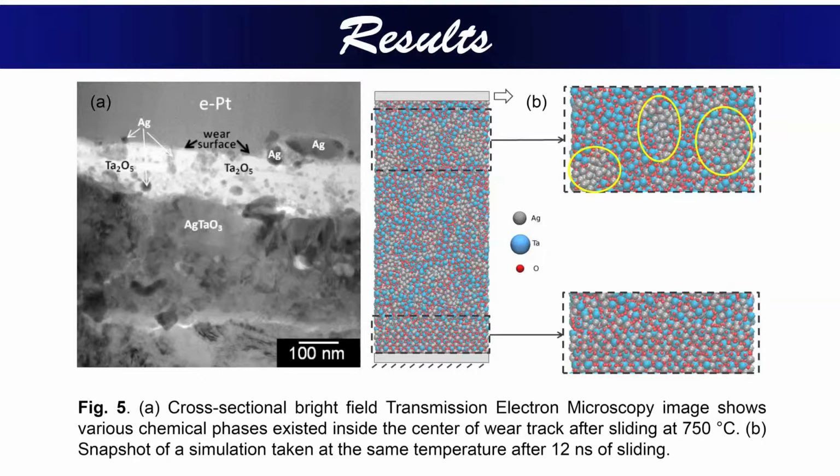There's a group of silver clusters circled in yellow, shown in Figure 5b. To correlate these observations to the tribological properties, we try to quantify those silver clusters by dividing the whole triple film into identical cubes with a cell length of 0.5 nanometer.